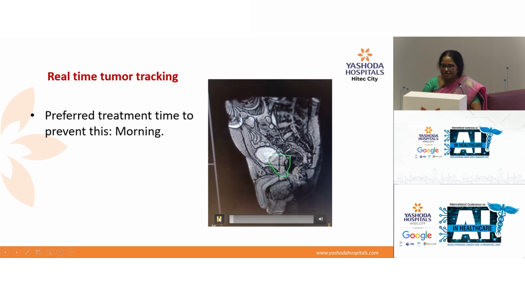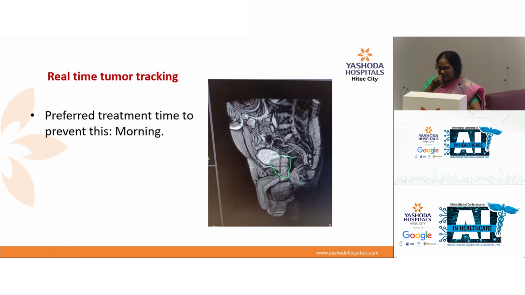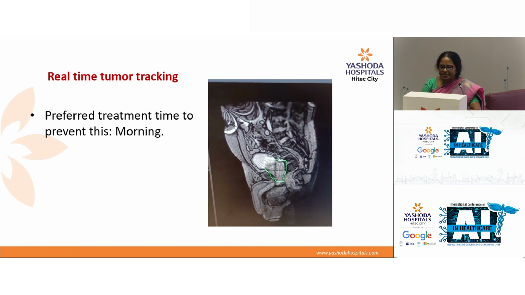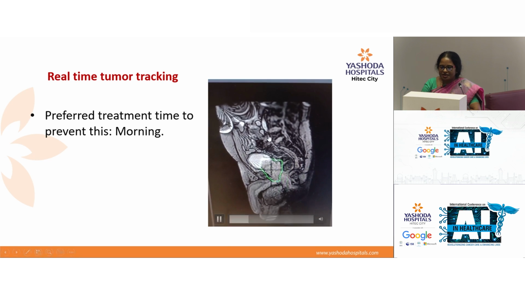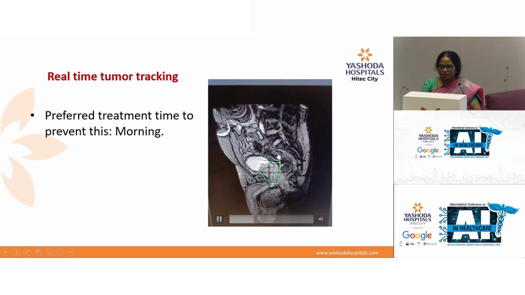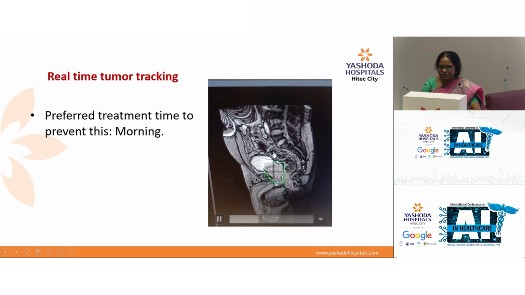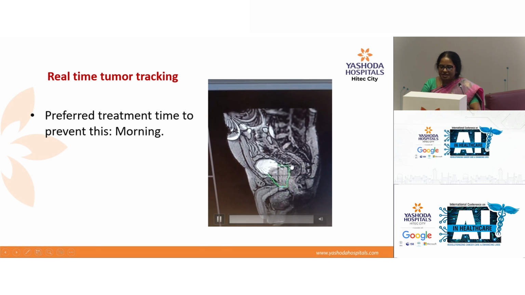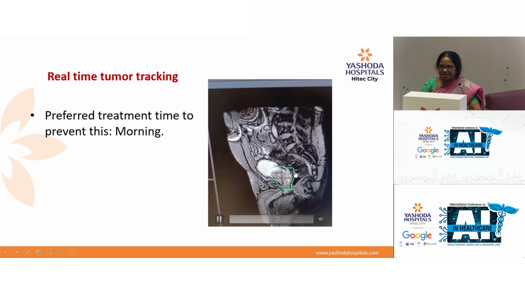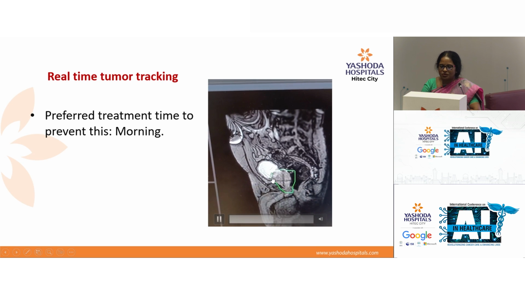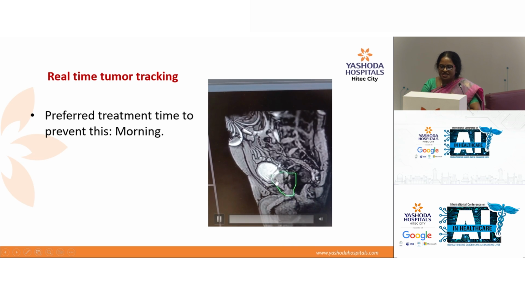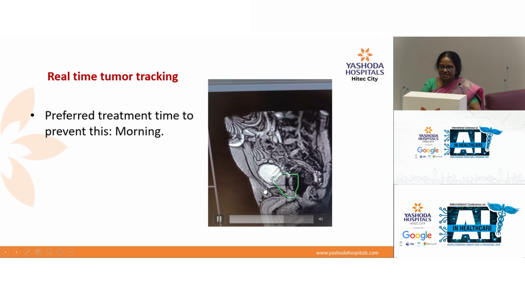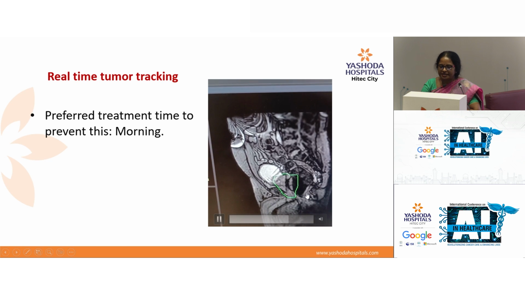Suppose these are all prostate patients, elderly patients. You see that in this patient there is gas coming through the bowel, through the rectum. After some time, as it comes through the rectum, it will push the prostate anteriorly. So conventionally, if you have to treat these patients, we treat this entire area.